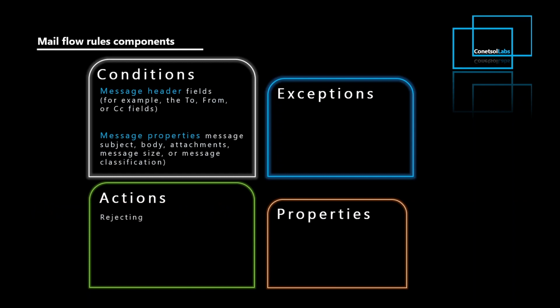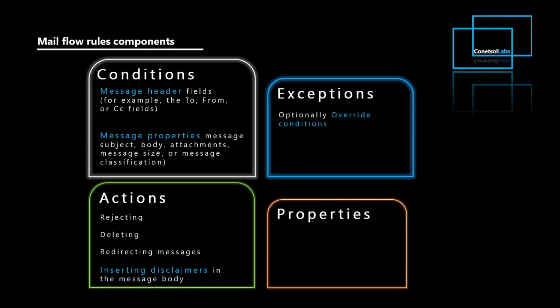Available actions are such as rejecting, deleting, or redirecting messages, or we can insert a disclaimer in the message body. Exceptions optionally override conditions and prevent the rule actions from being applied to a message.